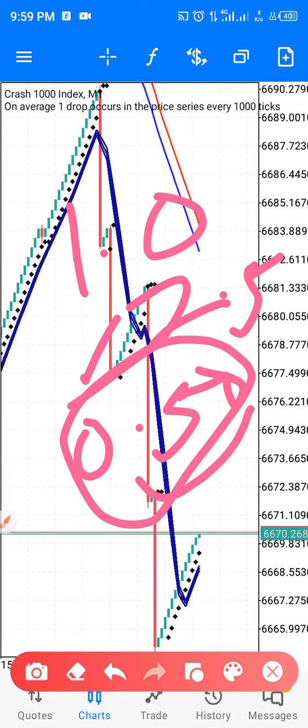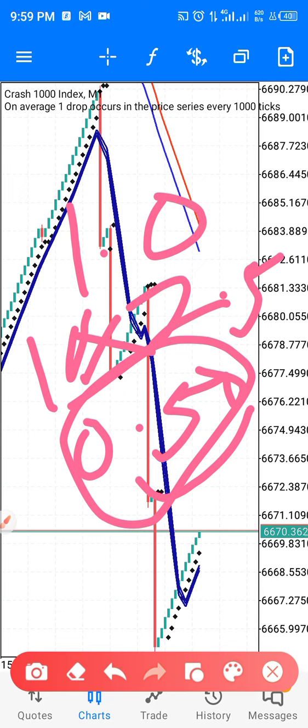So if you can get 10 of this move in a day, of course, if you have time to stay with the market, you can have more than 10. But let's say you didn't have much time and you were able to get just 10, this 10 multiplied by 2.5 is going to be $25.